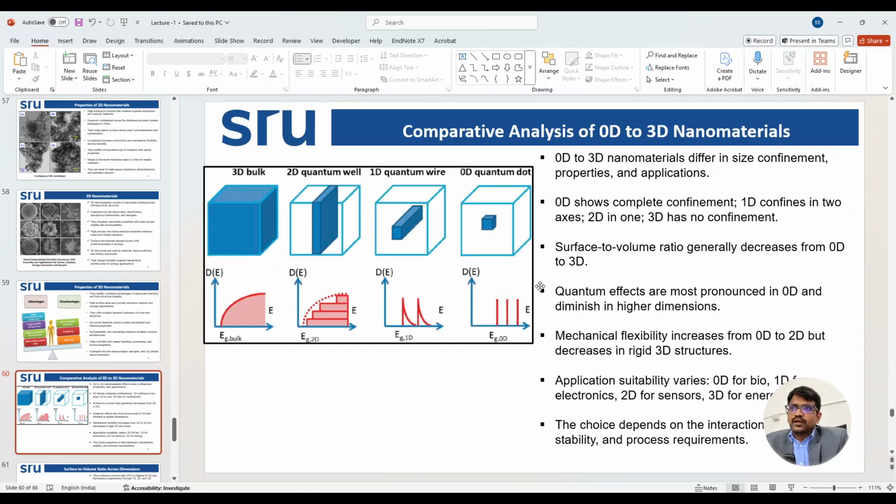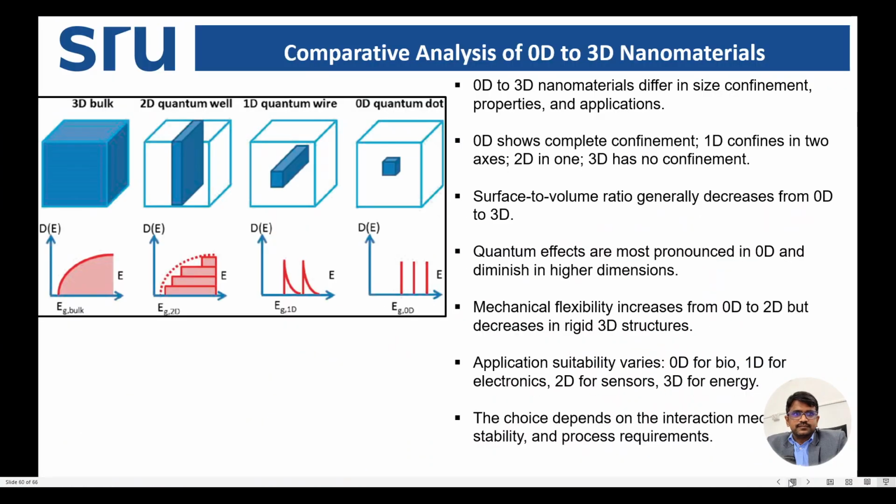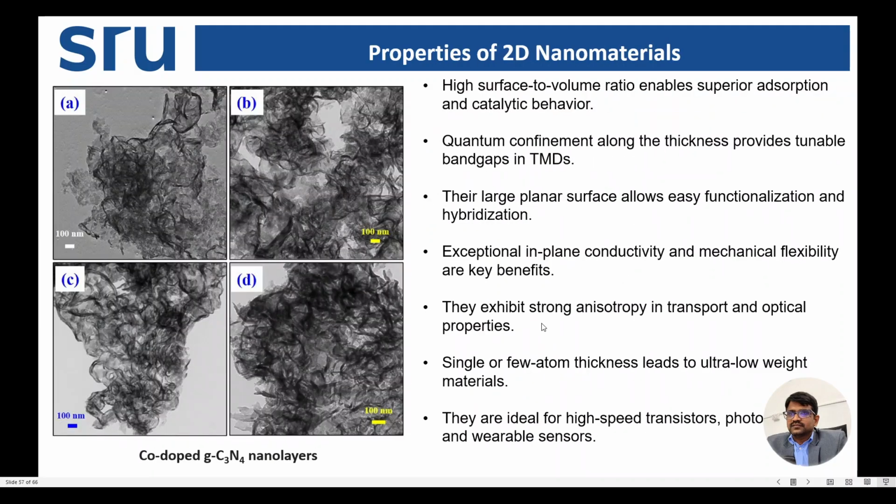One thing you need to understand very clearly is the confinement: 0D, three-way confinement; 1D, two-axis confinement; in 2D, only one direction confinement; 3D, no confinement. That's it.